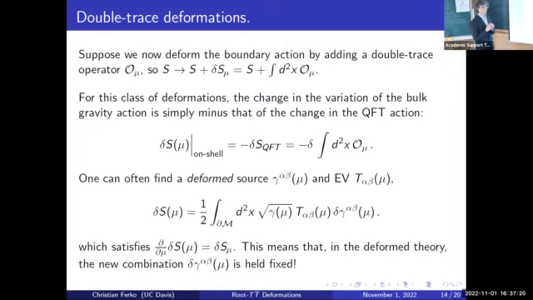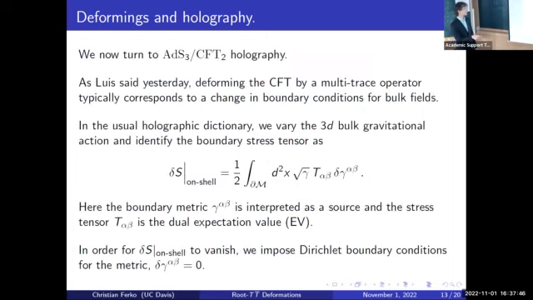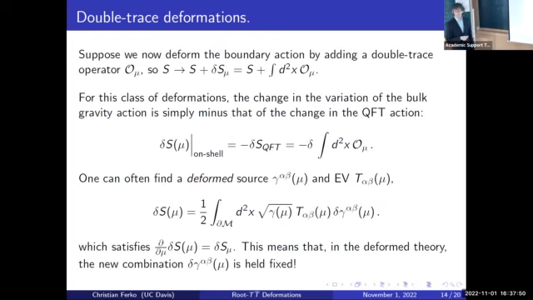So you can solve that differential equation in good examples. In practical examples, you can find a solution for a gamma of mu and a T of mu with the property that this combination is the solution for delta S of mu. And that's very nice, because if you can find such a solution, then that means that the variation of the deformed on-shell action takes exactly the same form as the undeformed case, which again looked like this, up to simply replacing the T and gamma with mu-dependent quantities.